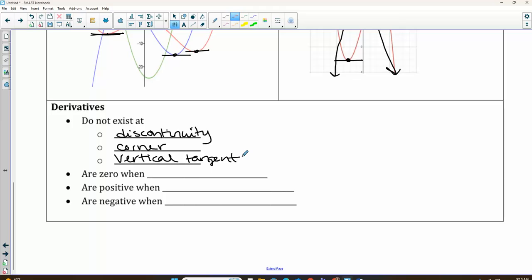All right. The derivative is going to be 0 when what is true? The tangent line is flat. Mm-hmm. So call it a horizontal tangent. Or another way of thinking about that, those are like the maxes and mins on your graph, where you change direction. When is a derivative positive? It's increasing.